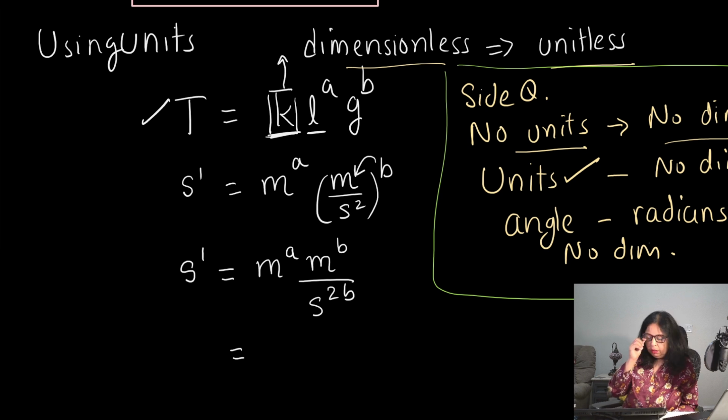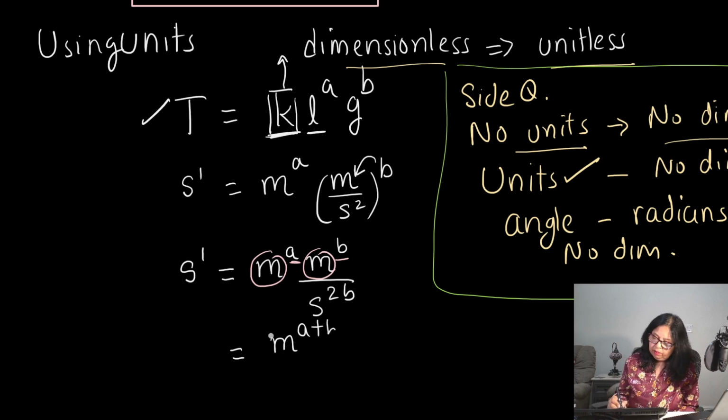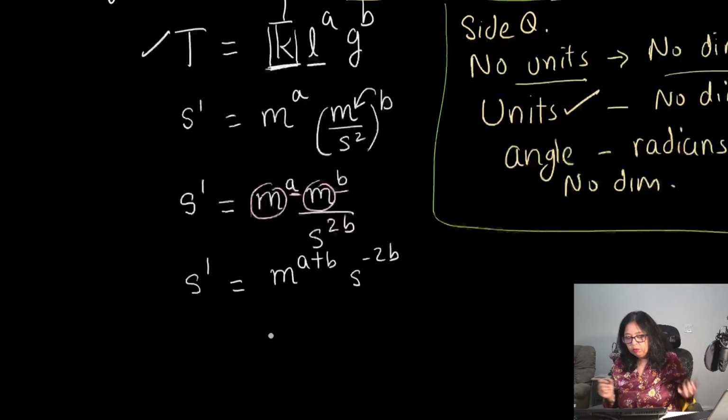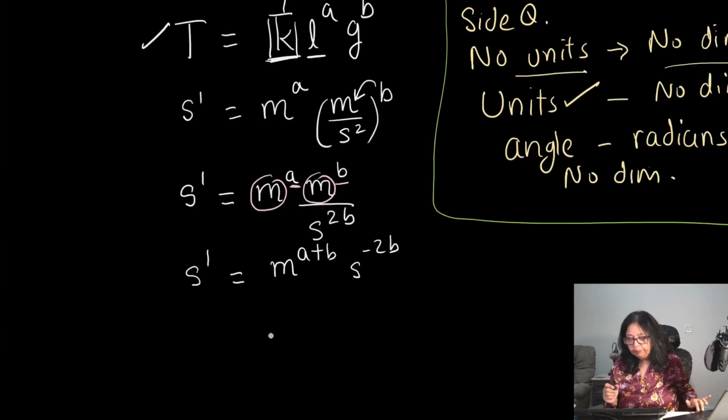Now here on the right hand side, since the base meter is the same, that means we can add the powers a and b. That gives us meter to the power a plus b, and the second to the power 2b comes upstairs and becomes negative 2b. And on the left hand side I have second to the power 1. Now let's do the same thing as we did before.